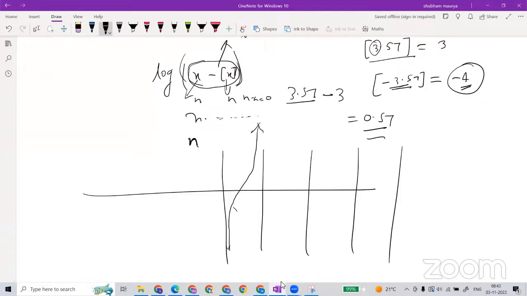By this way it will go like this each time. See the graph. At the integers, you will get 0 and not be able to get the value. So at 0 this is an asymptote, and at each integer here this is an asymptote.